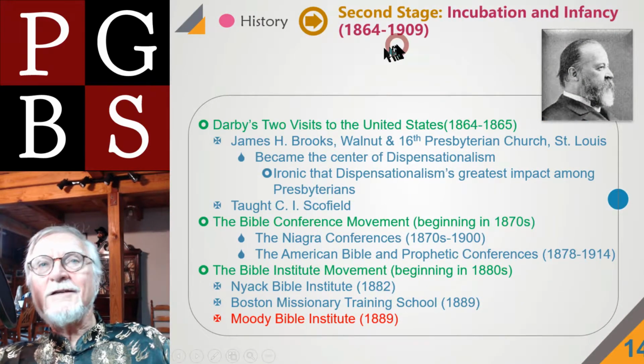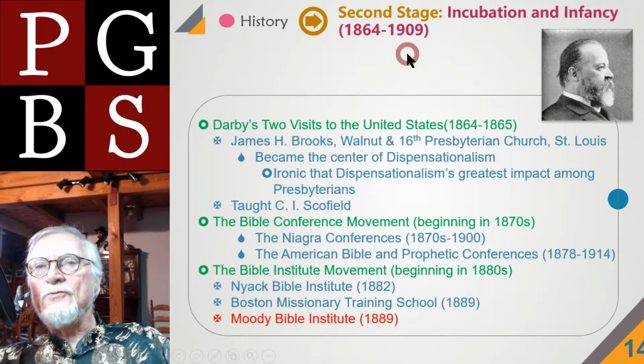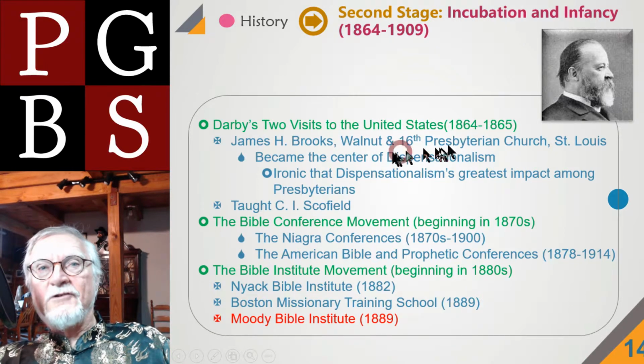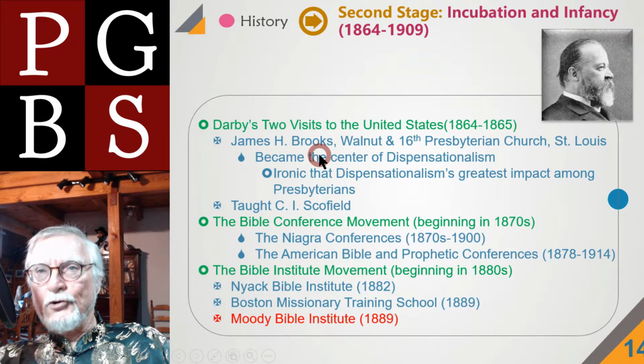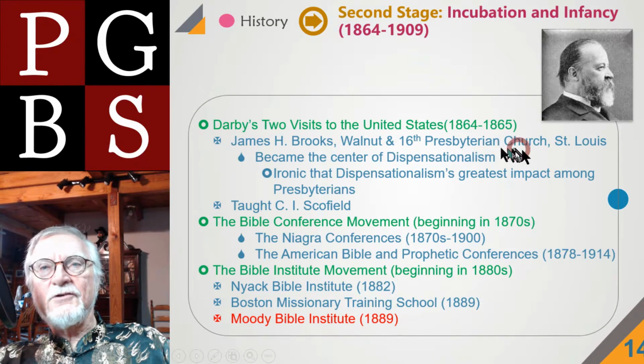Now, we'll go to the second stage of the history of dispensationalism, incubation and infancy, between 1864 and 1909. Why those strange, uneven dates? Because in 1864 and 1865, John Darby made 2 visits to the United States. And he visited James H. Brooks, picture of him right here, who was a pastor of Walnut and 16th Street Presbyterian Church in St. Louis.